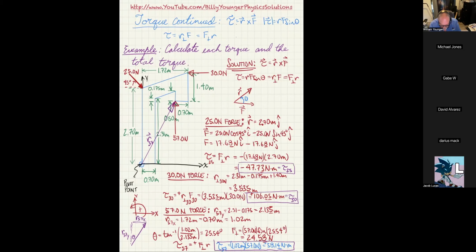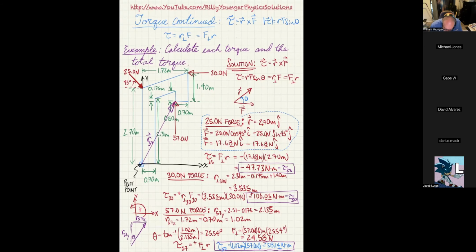Now, the other thing I mentioned to you is that since I took the time to compute what the force vector is and what the lever arm vector is for the 25 Newton force, I can go ahead and calculate this with a cross product, and we can use that to verify that we got the same formula. So I'm going to do that by stealing these results right here.